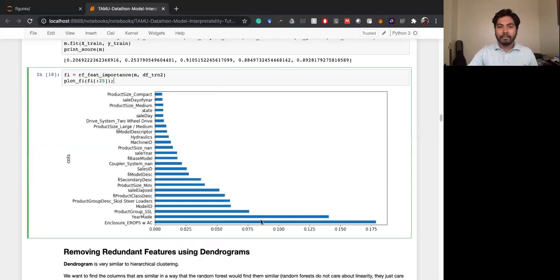In the feature importance plot, you can see that the category enclosure EROPS with AC turned out to be the most important feature affecting the price. So we'll do a little analysis of what this feature is, and see how one hot encoding helps.